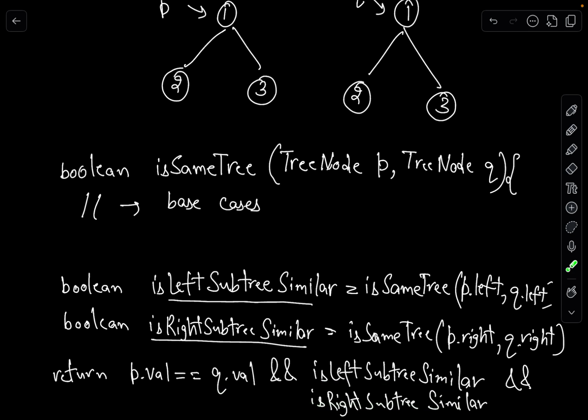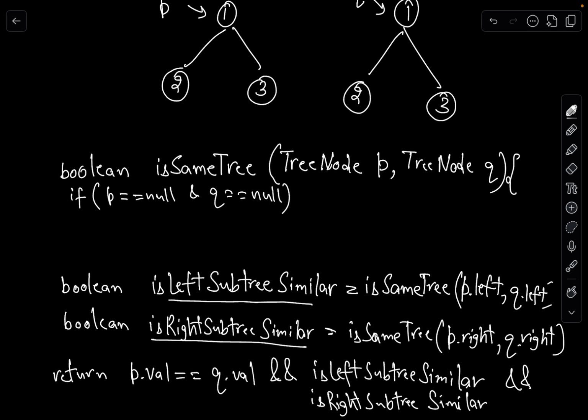Now let's come back to the base cases. What should be the base cases here? See, for P and Q, it could be possible that P or Q is null, right? So I'll just write the first base case. If P and Q both are null, can I say that they are same?